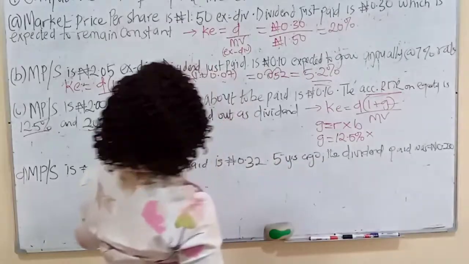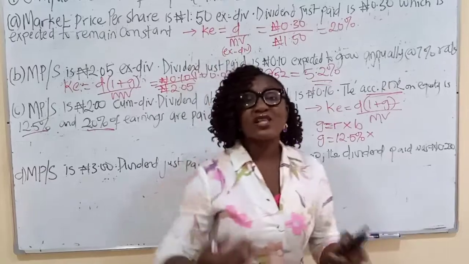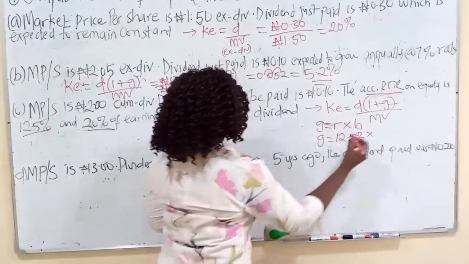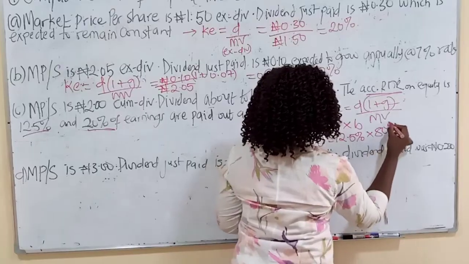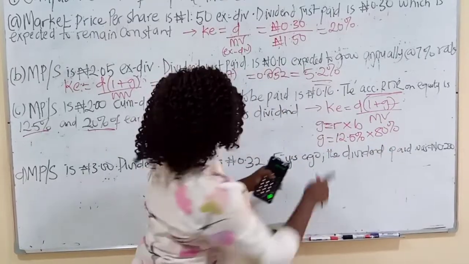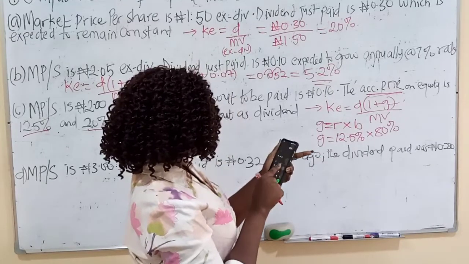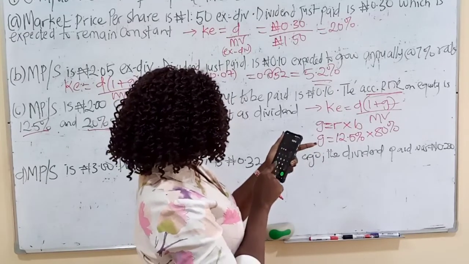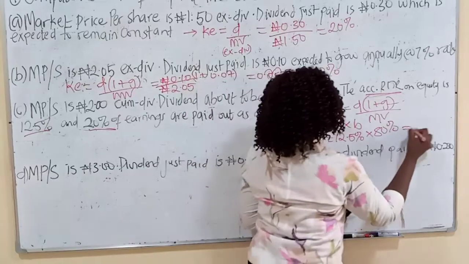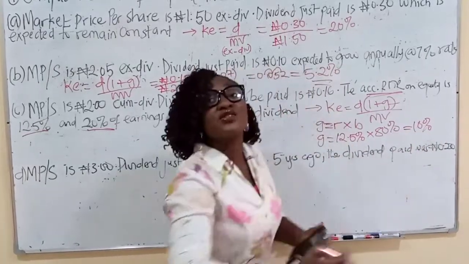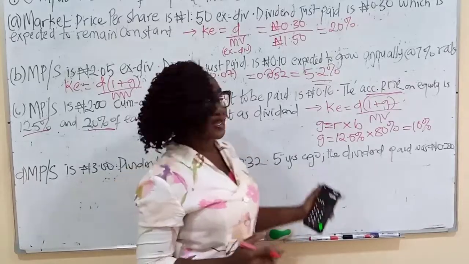So when they tell you that they pay 20% of earnings out as dividend, it means 80% was retained, right? So you have 80% or 0.8. Once you multiply this together, you have 12.5% times 0.8. That will give you 10%. So their growth rate, the rate at which the dividend is growing, is 10%.